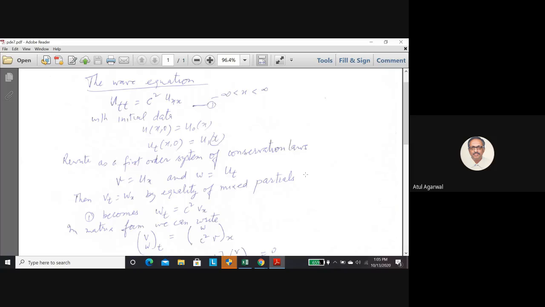So that is one essential condition for the continuity of the derivatives. So this one equation gets generated by this equality, and your first equation becomes ut is equal to w. So wt is equal to c square ux, which is vx. So this is one equation.